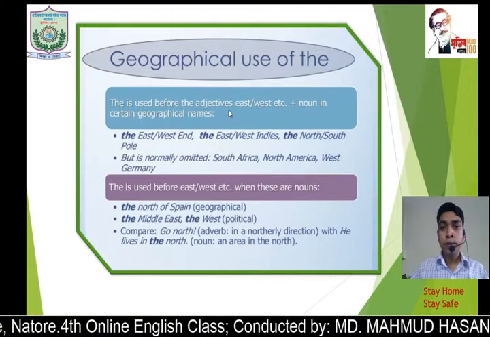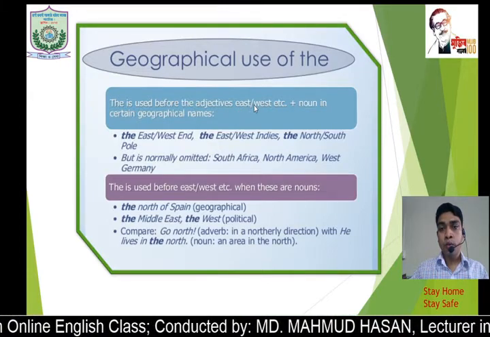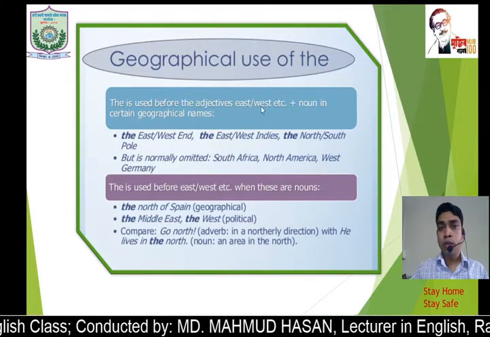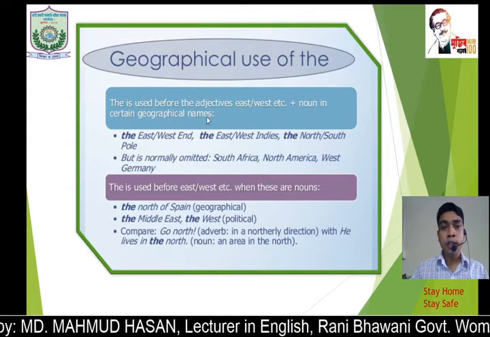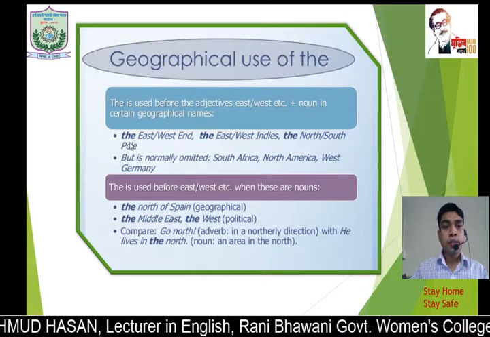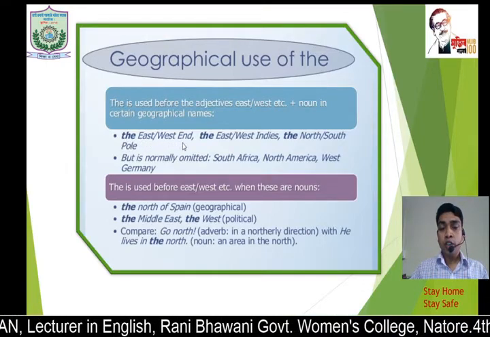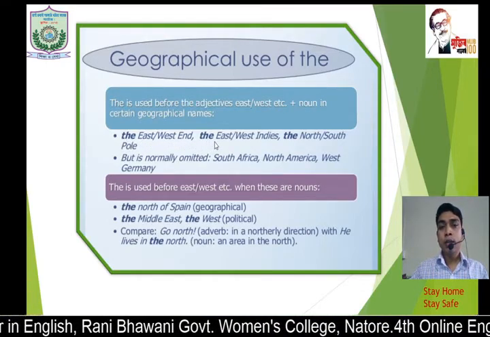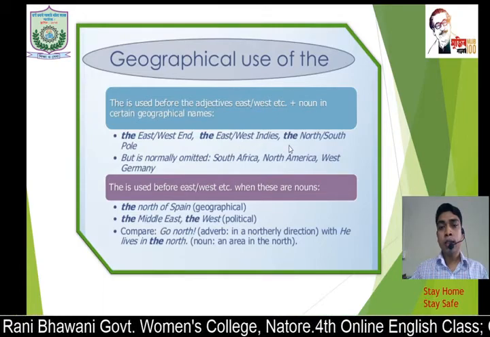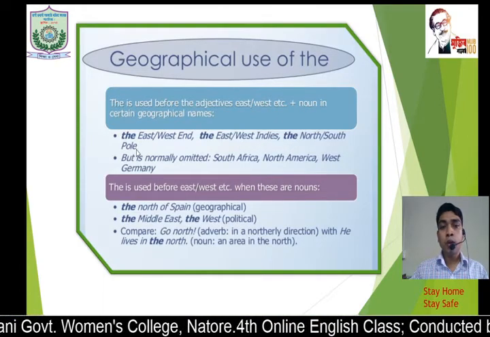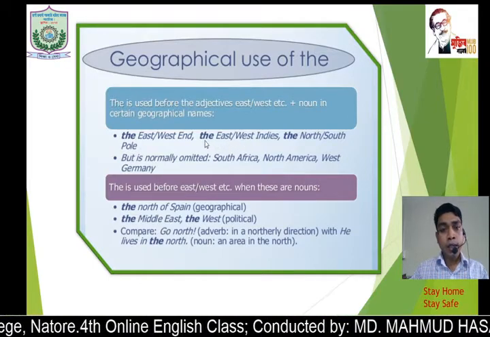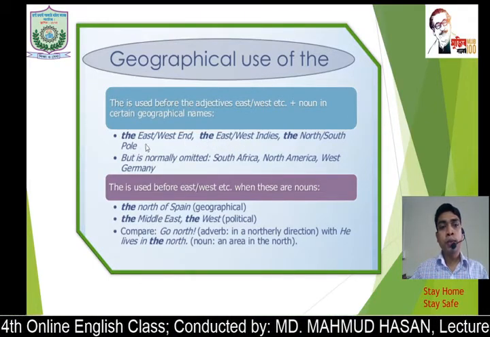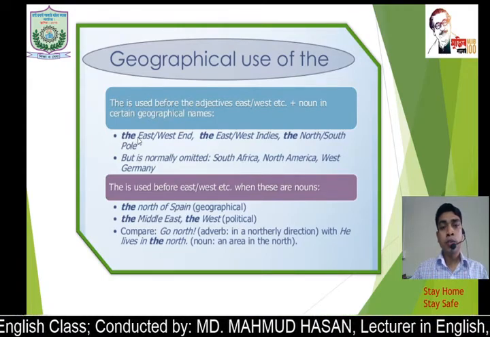We will put the before east or west if followed by a noun in certain geographical names. Examples: the East End, the West Indies, the North Pole, the South Pole. So east or west are followed by nouns. That is why we have used the before east or west.